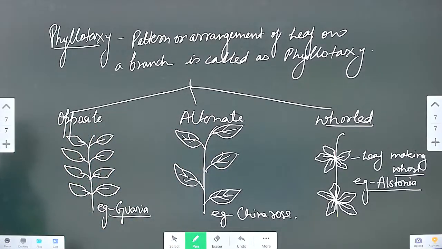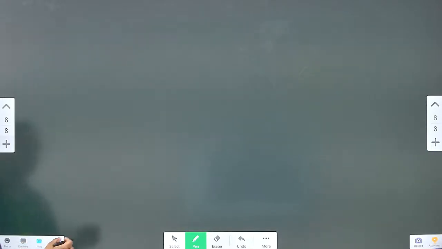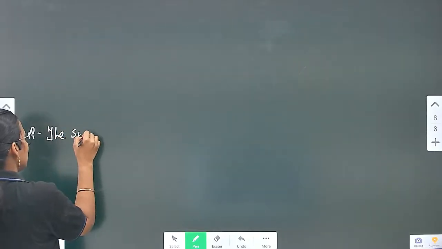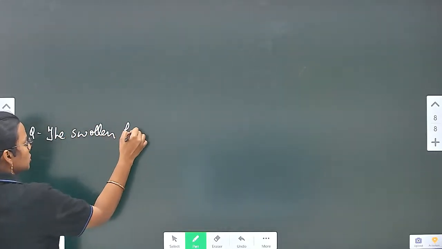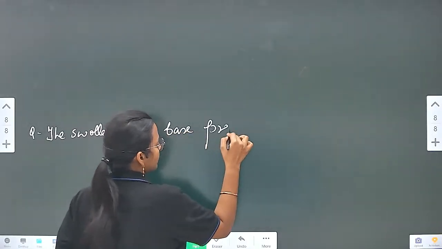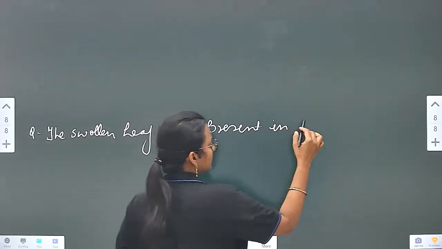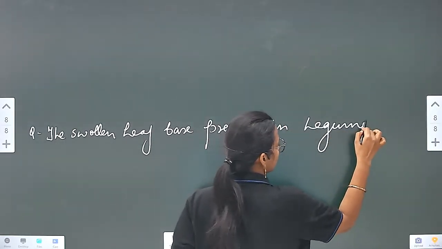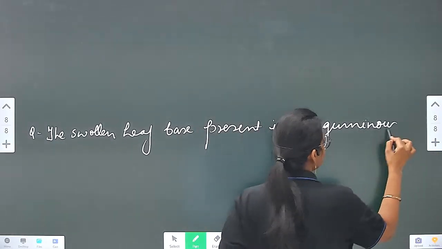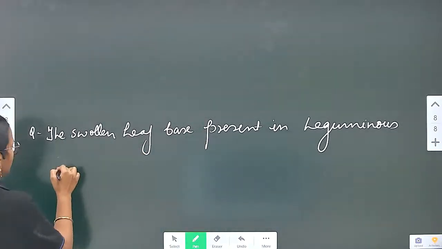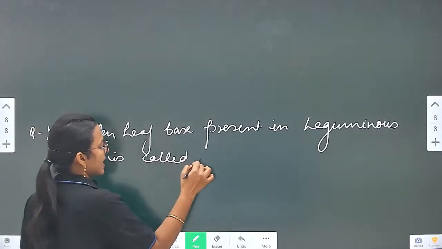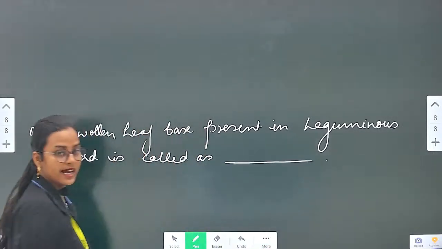Tell me, the swollen leaf base present in leguminous plants is called as dash. Yes.